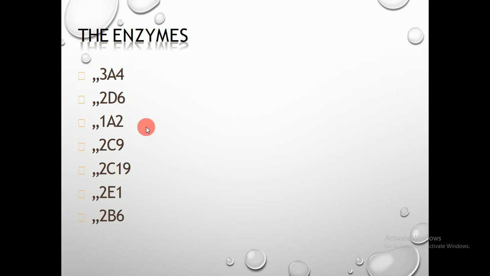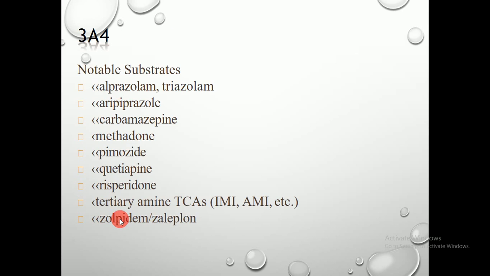These are the enzymes: cytochrome 3A4, 2D6, 1A2, 2C9, 2C19, 2E1, 2B6, which we have already discussed.